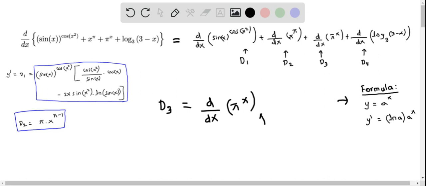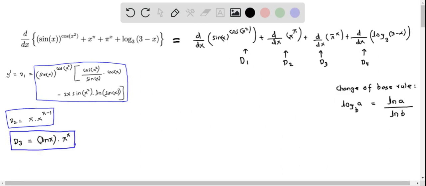So in our case, we see that a equals pi. So we can substitute into this formula. Therefore, we get d3 equals natural logarithm of a, that is natural logarithm of pi times a raised to the power of x, that is pi raised to the power of x. So this is the derivative of the expression pi raised to the power of x.